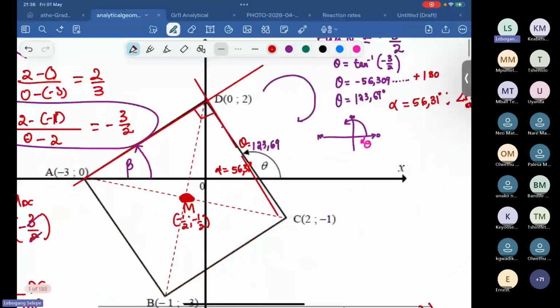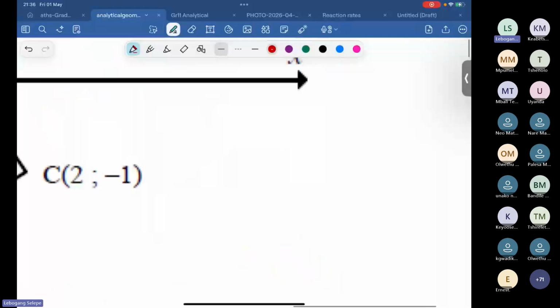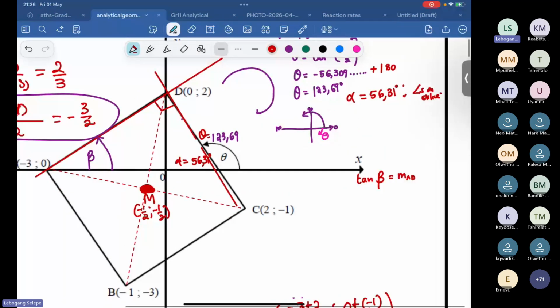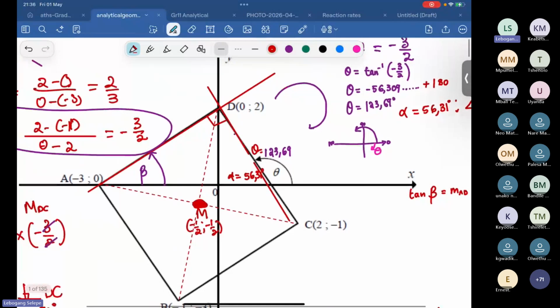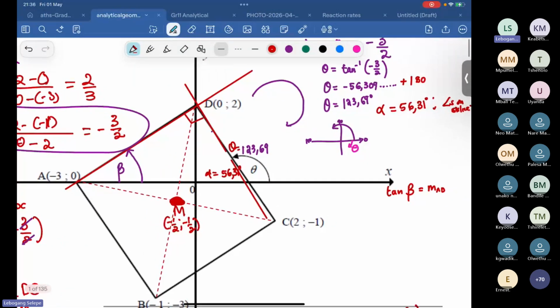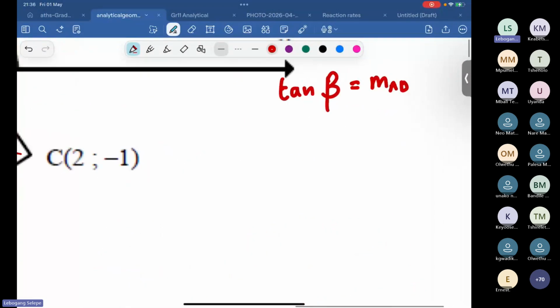So we can say that tan beta, don't forget, it's not theta anymore because we're calculating beta, so make use of the angles like that. Tan beta is equal to the gradient of AD, which is 2 over 3.